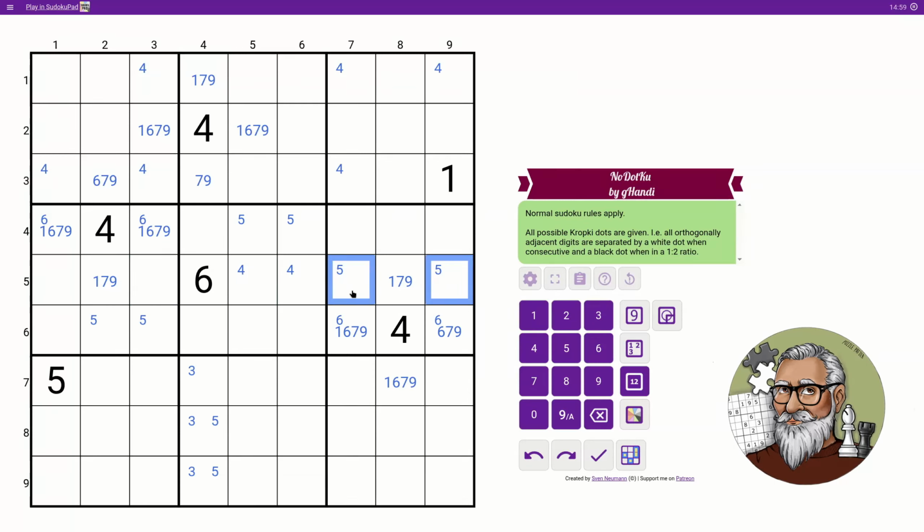I say that it shouldn't be a problem, but it is, because they both eliminate the 6. Ah. So I need 3 here somewhere. So one of those is 3. That's not a big issue, is it?